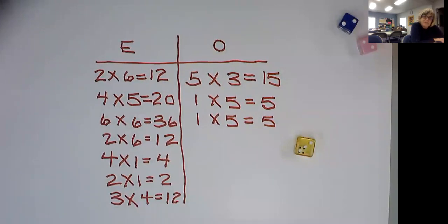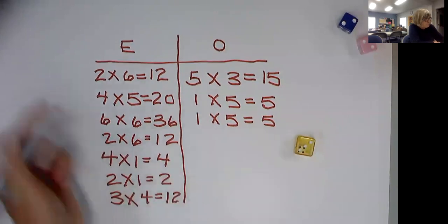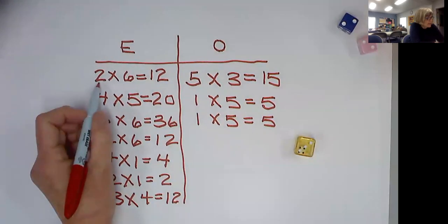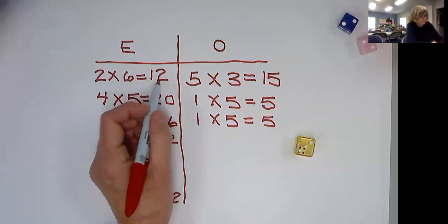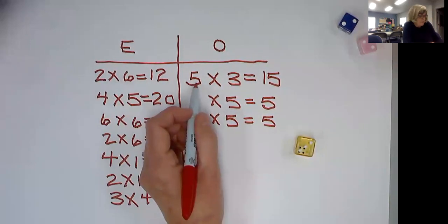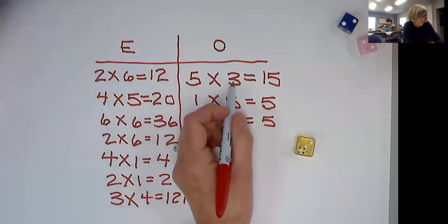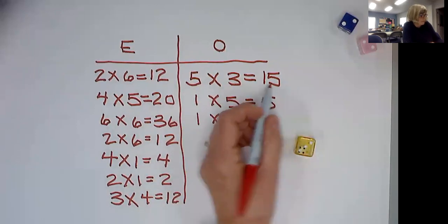What's interesting about it is I see some things that are causing me to ponder. Let's take a look at this. This is an even times an even, and my result is even. This is an odd times an odd, and my result is odd.